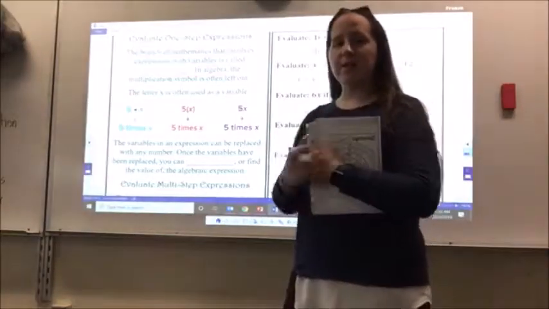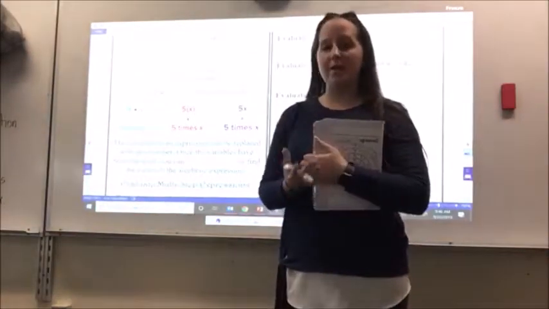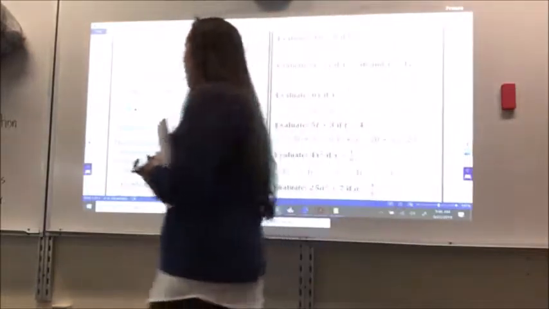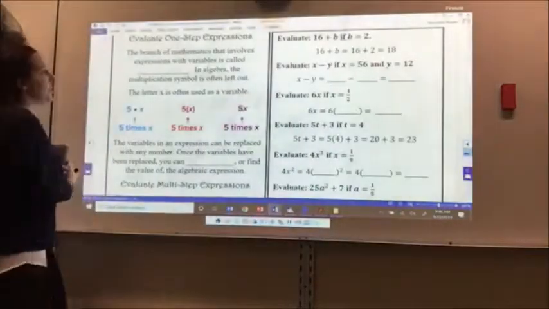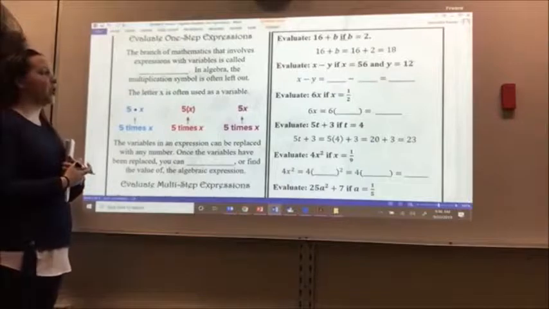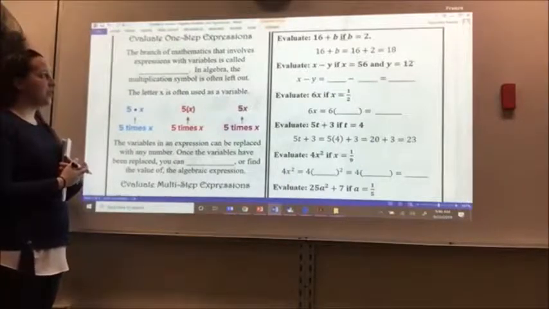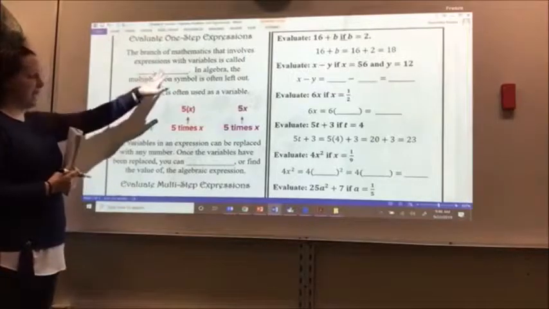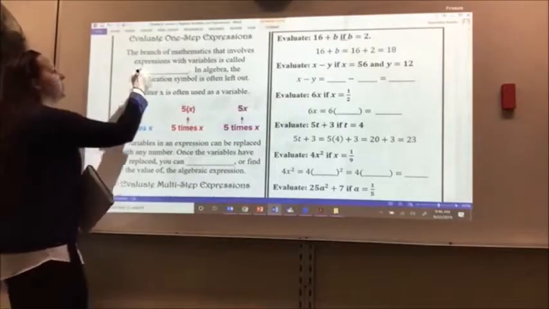All right, the next thing we're going to look at is evaluating one-step equations. The branch of mathematics that involves expressions with variables is called blank. In algebra, the multiplication symbol is often left out. In this blank, you're going to write algebra.